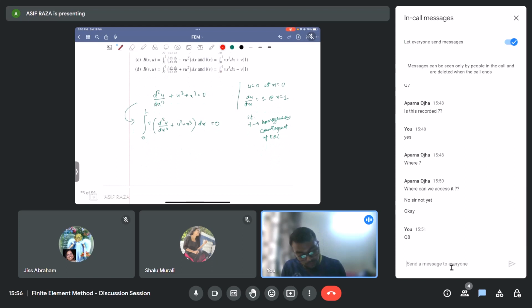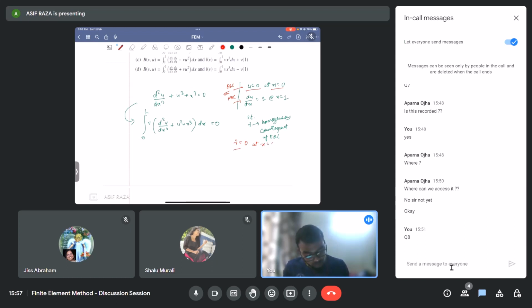What does it imply? We have this essential boundary condition, and this is the natural boundary condition. This is at x equal to 0. So this implies that v should be 0 wherever my essential boundary condition is specified, like this is u. So directly we are saying v is 0 at x equal to 0.